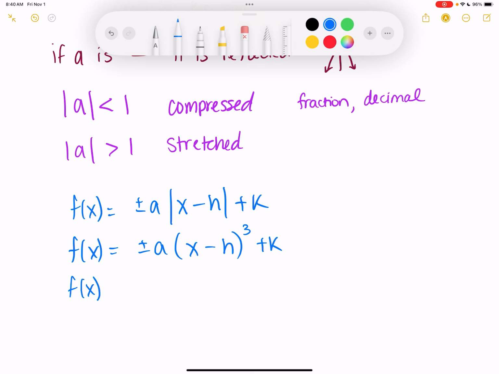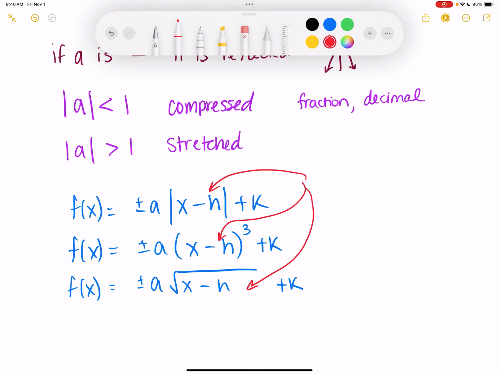So f of x equals plus or minus a times the square root of x minus h, and then plus k outside. So all this stuff in here is treated like the parentheses in what we did up above. Otherwise everything else is exactly the same. It's just in terms of which function. Obviously the graphs look different, but all I'm asking you to do is to tell me about the shifting that's happening.